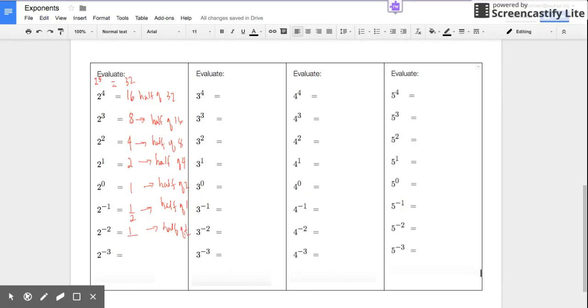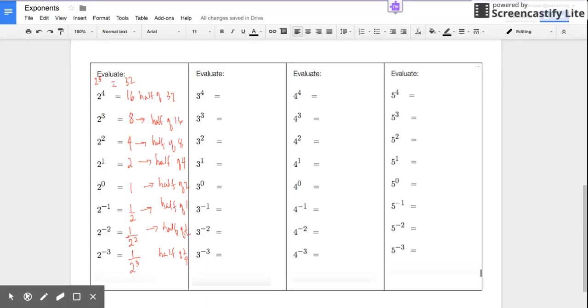And 1 over 4 is the same as 1 over 2 squared. And if I want 2 to the negative 3, then that's just going to be half of 1/4. And half of 1/4 is 1/8. And 1/8 could be expressed as 1 over 2 to the 3rd. That was quick.